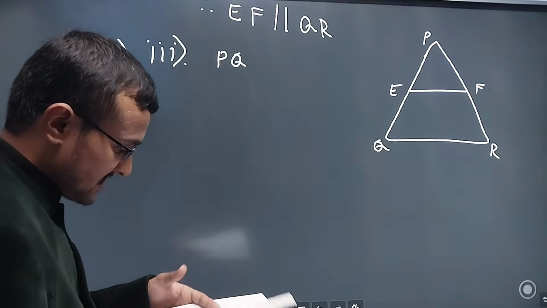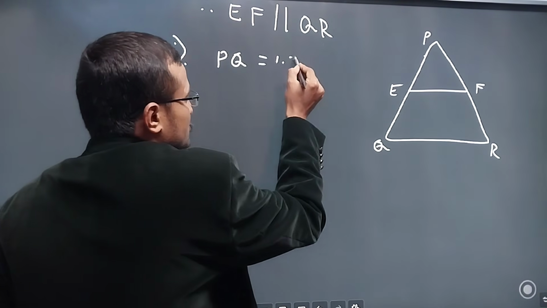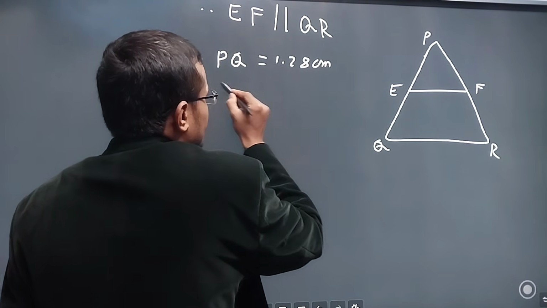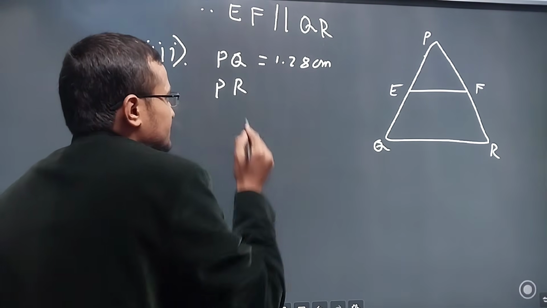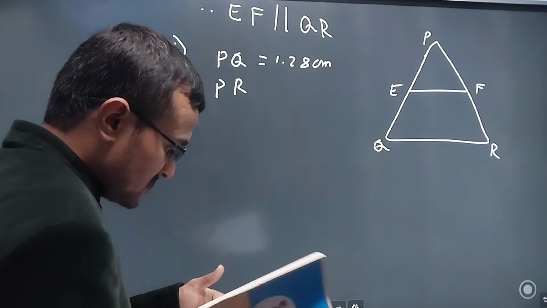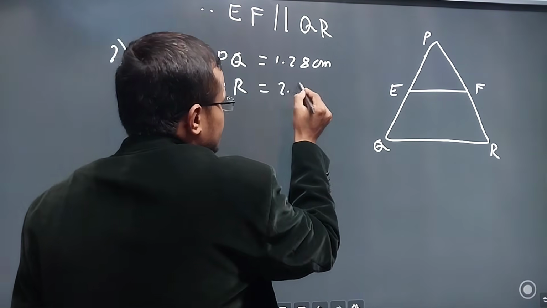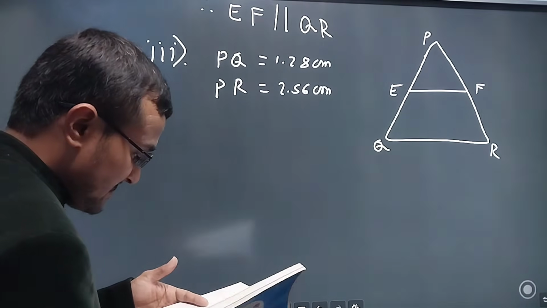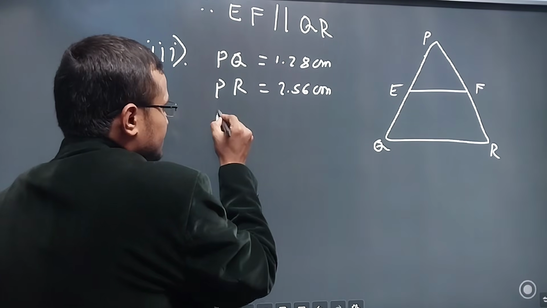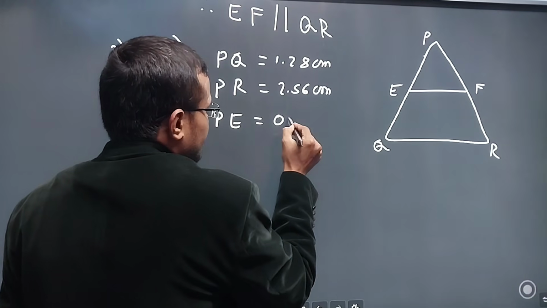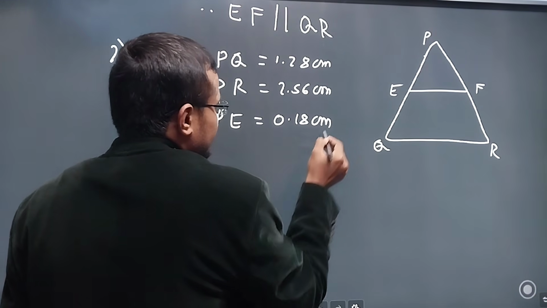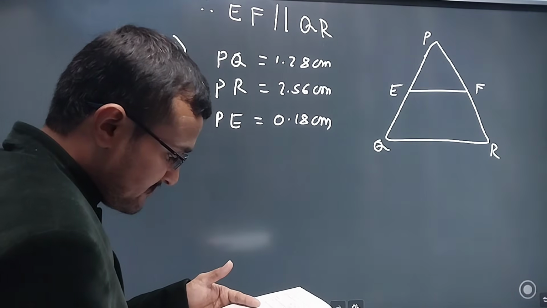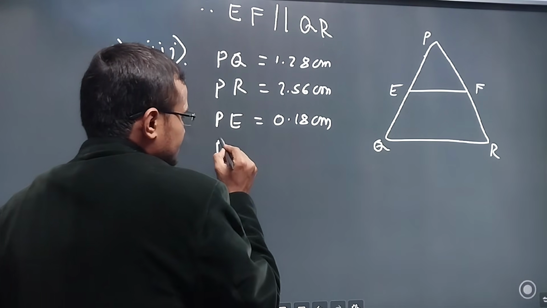PQ they have given, that is 1.28 centimeter, and PR is equal to 2.56 centimeter. They have given PE as 0.18 centimeter, and PF as 0.36 centimeter.